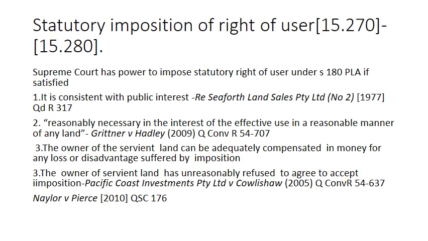To show this element, it does not have to be shown that there is no effective use to which the land could be put unless the easement was imposed, nor does it need to be shown that the owner of the land wishes to use the land in any particular way or for any particular purpose, and this use could not be effective without the advantage of the use of the land.